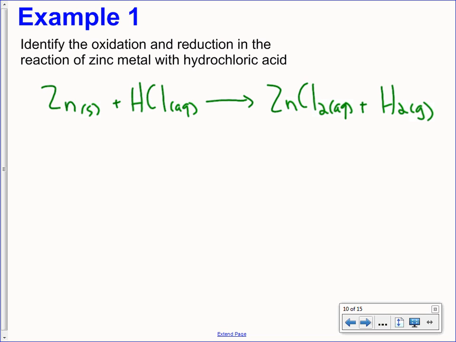Now we just need to make sure that our reaction is balanced. The 2 in front of the HCl will do that easily. The next thing that we need to do is get the total ionic equation. So we'll have solid zinc reacting with hydrochloric acid, which will dissociate into hydrogen ions and chloride ions.